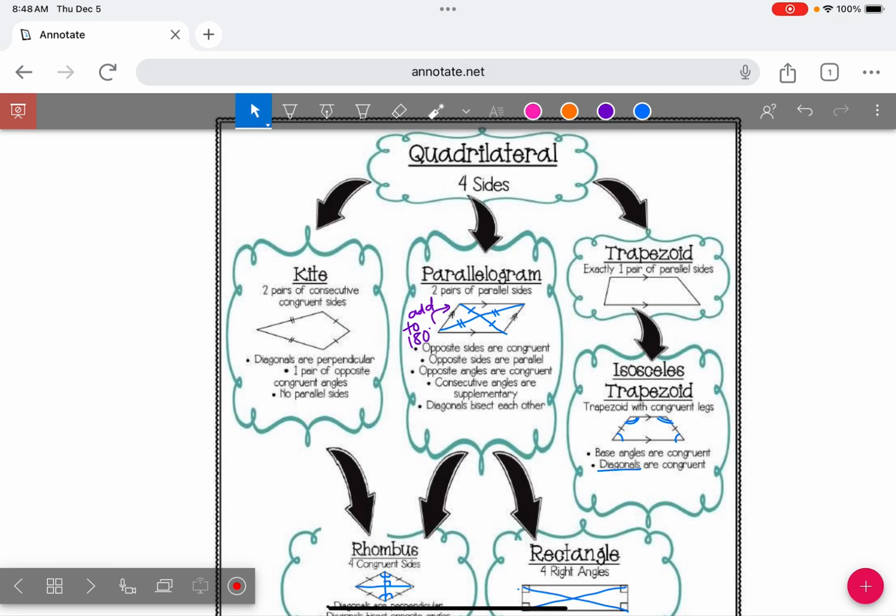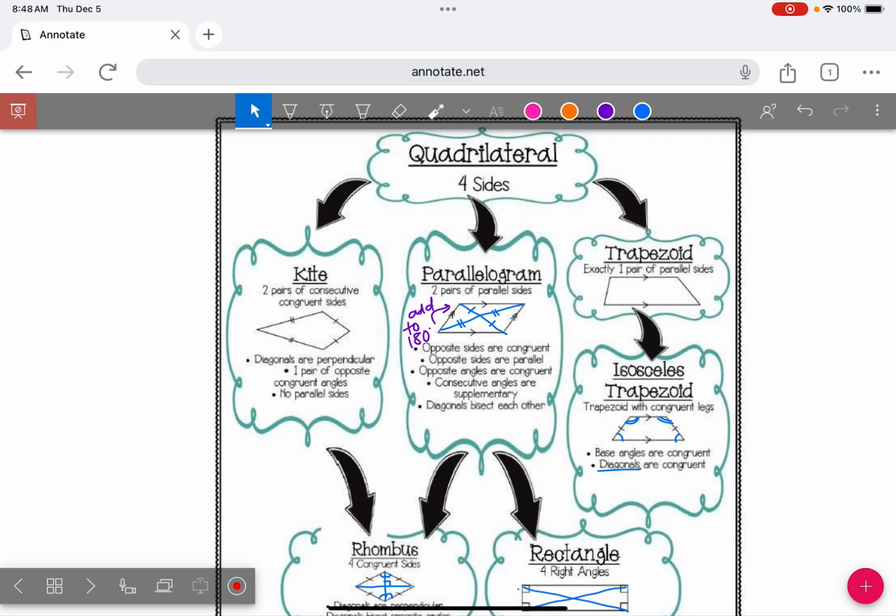Now, this chart is helpful in doing true-false questions and always, sometimes, never questions. It really helps us visualize everything. So if we were to ask, is a parallelogram a quadrilateral, always, sometimes, or never, I would know that a parallelogram is always part of that quadrilateral family.